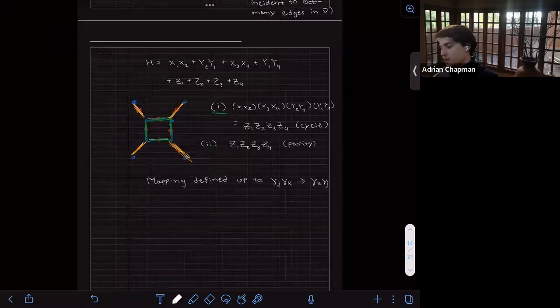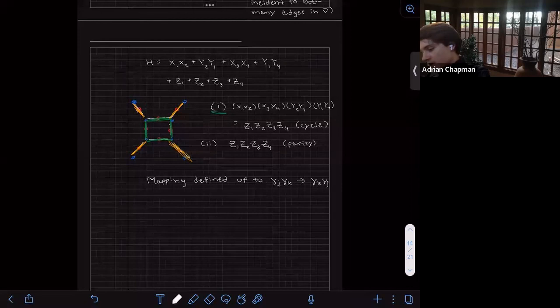And what this looks like, for example, in the cycle case. So what we need to do is assign an orientation to every edge of the graph. And let's just pick an orientation.